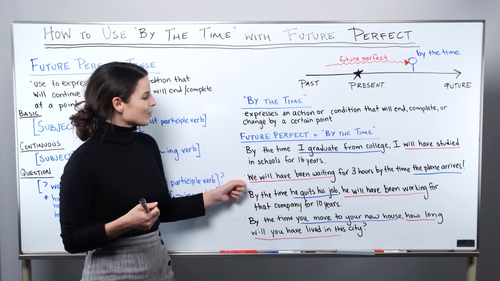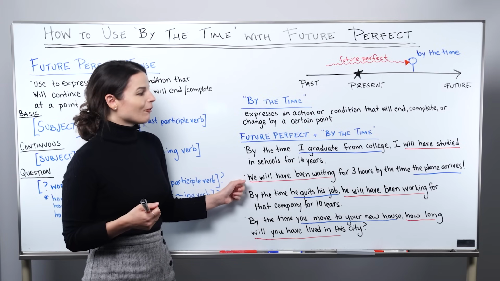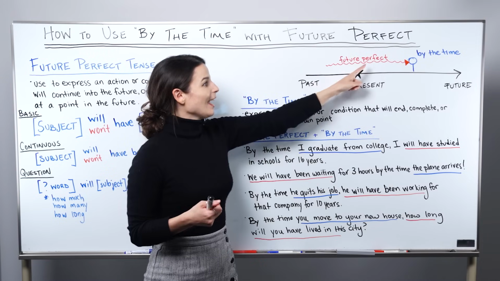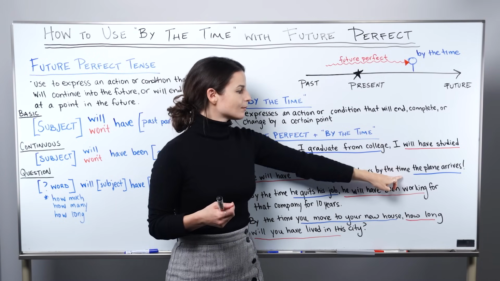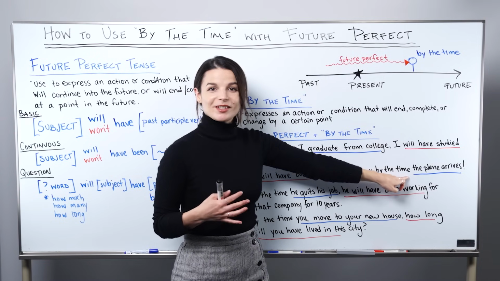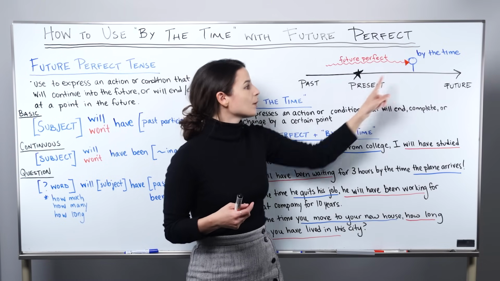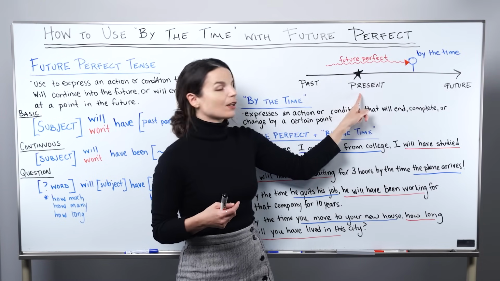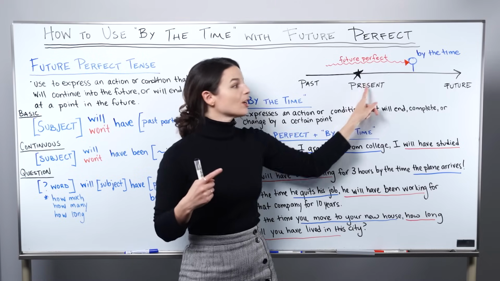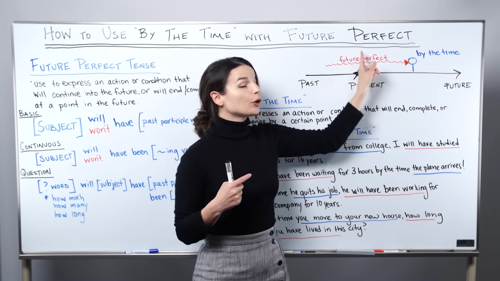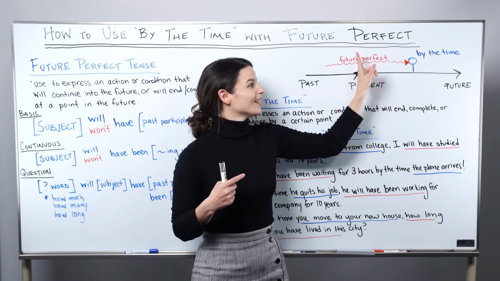So this expresses we will have been waiting for 3 hours. So this is our continuing action, yes? And our by the time situation is here. By the time the plane arrives. So here's the present. The speaker is talking in the present about this future point. By the time the plane arrives, our total waiting time will be 3 hours.